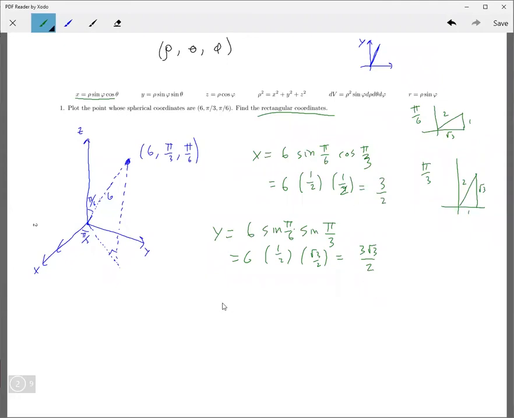Three over 2. And then z is going to be 6 times the cosine of pi over 6. So that's going to be 6 times root 3 over 2. That's 3 root 3.